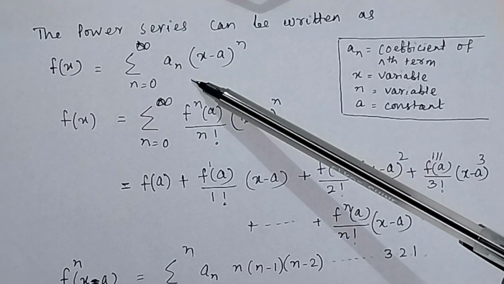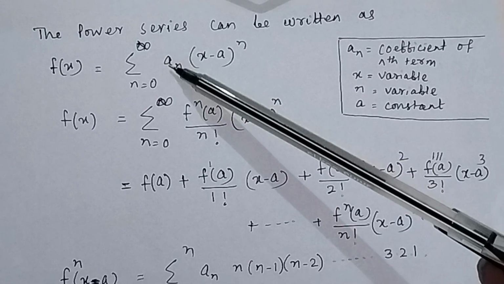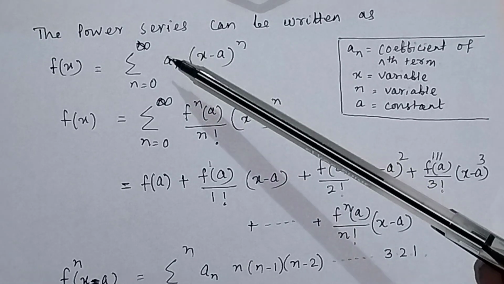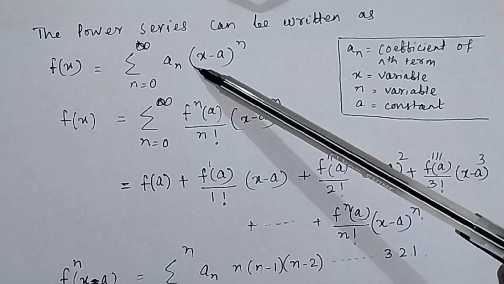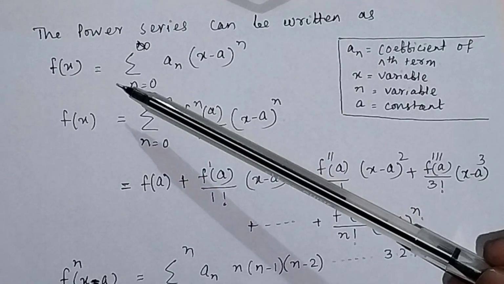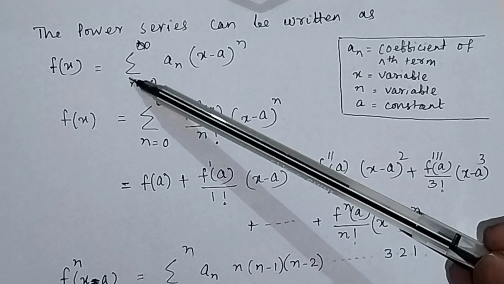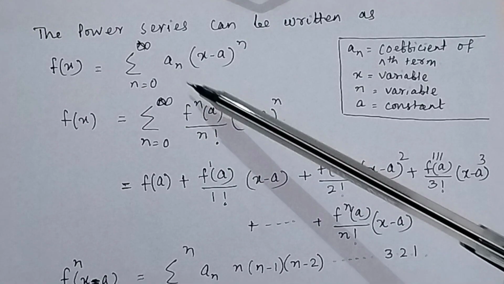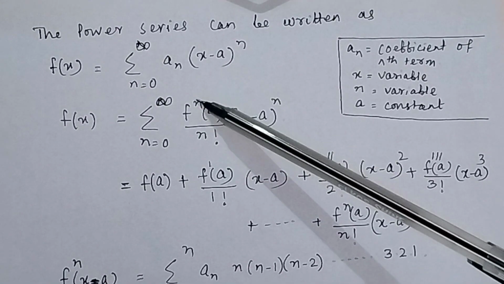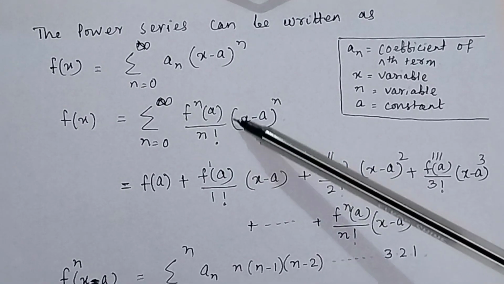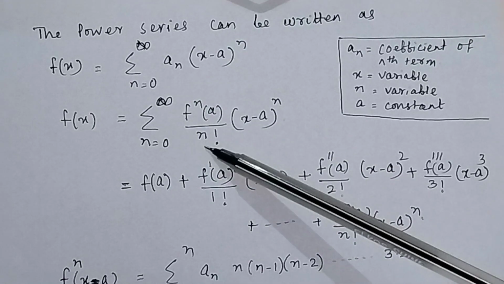In this power series you have the coefficient of the nth term, a_n, and if you find the nth derivative of this power series, you get a_n equal to the nth derivative of the function divided by factorial n.